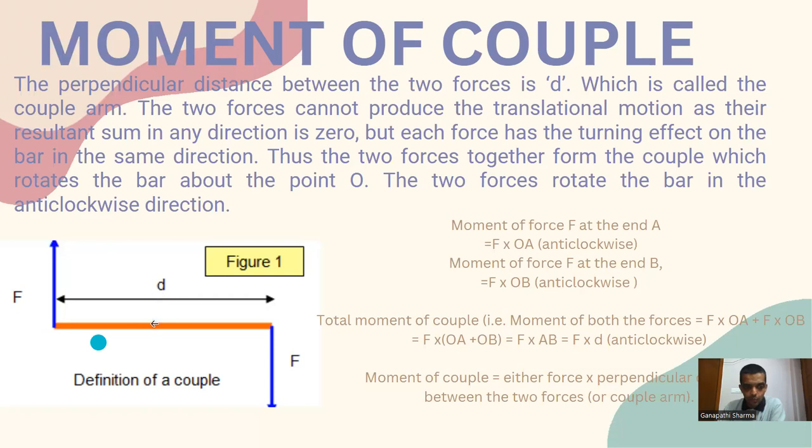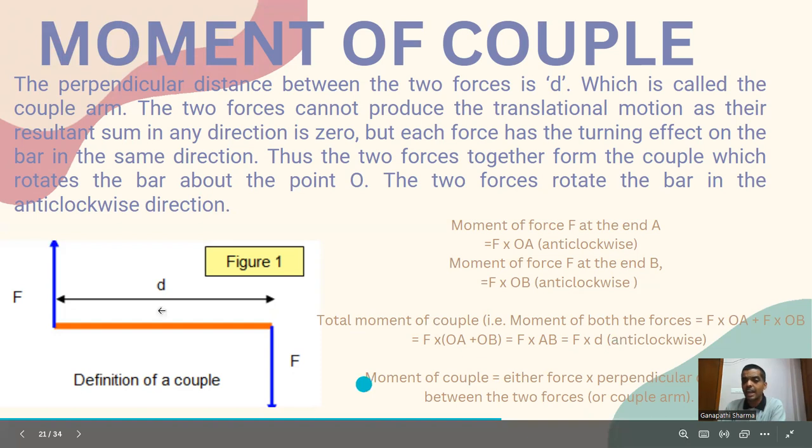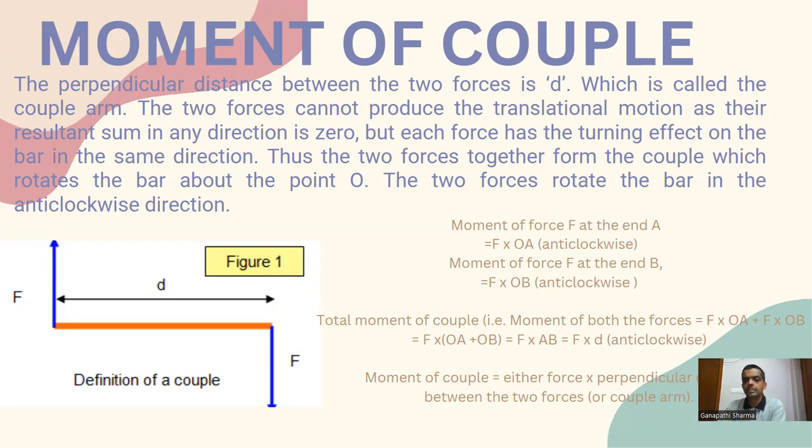If the center midpoint is O, with A on one side and B on the other side, what happened? It rotates anti-clockwise. Moment of force at B is again F into OB. Total moment of the couple will become force into perpendicular distance, and it is rotating in the anti-clockwise direction. Anti-clockwise direction means positive. Moment of force is force into perpendicular distance.